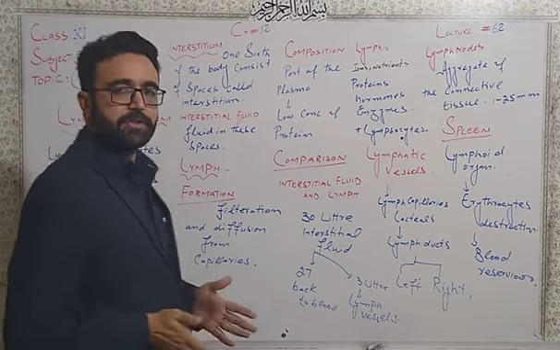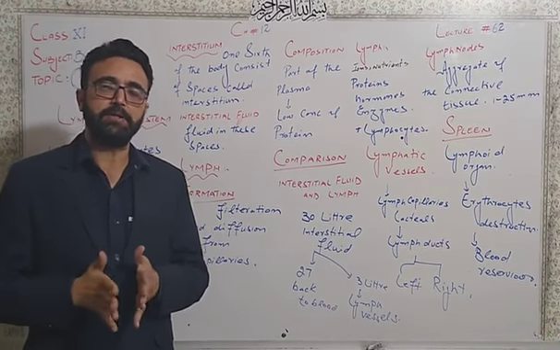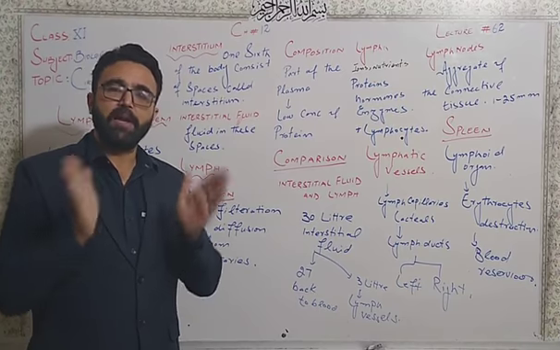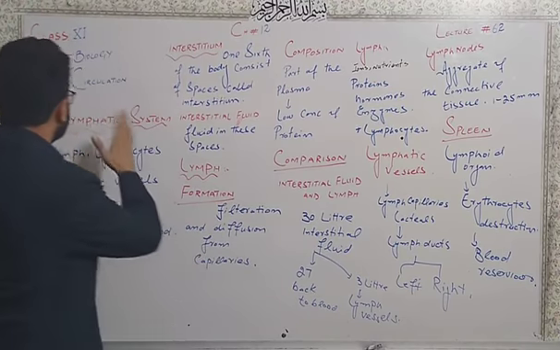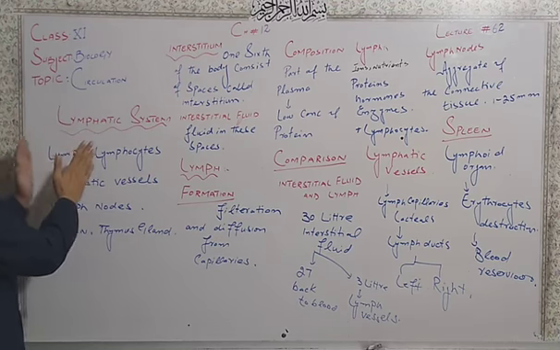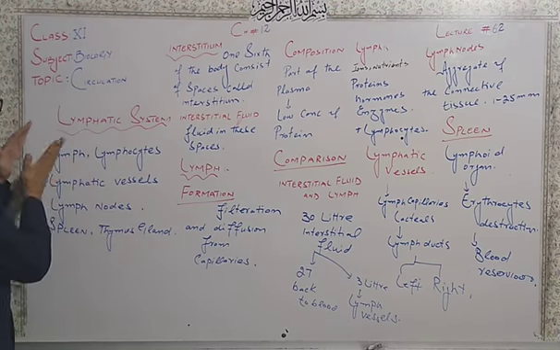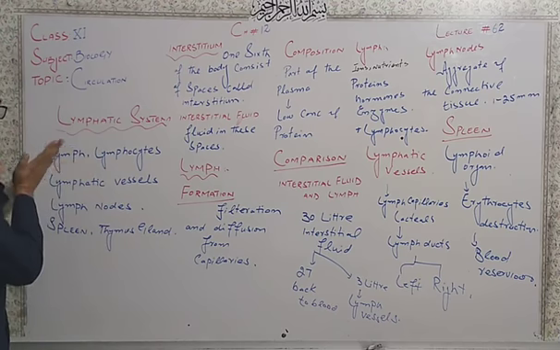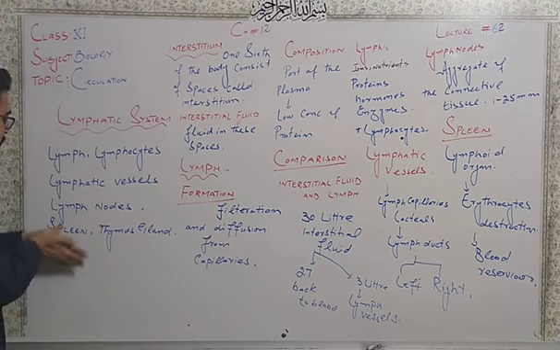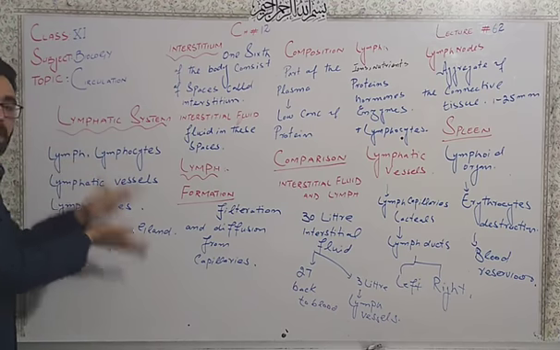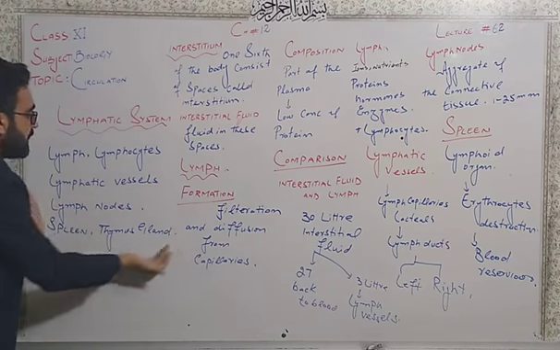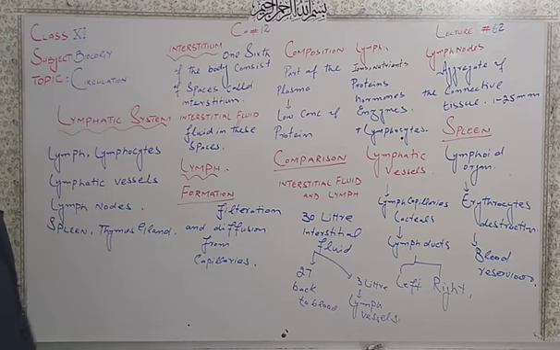Welcome back, students. Now we are in the final part of the lecture, and the topic is the lymphatic system. Dear students, the lymphatic system consists of lymphocytes, lymphatic vessels, lymph nodes, spleen, and thymus gland. These are the components which make the lymphatic system.